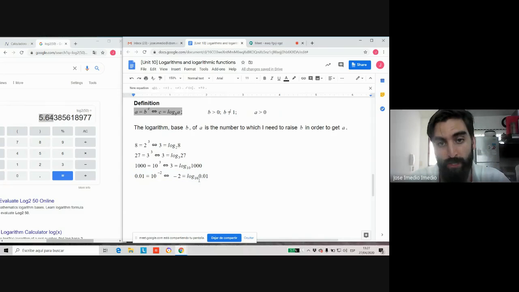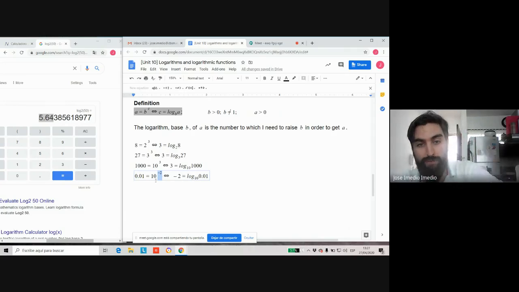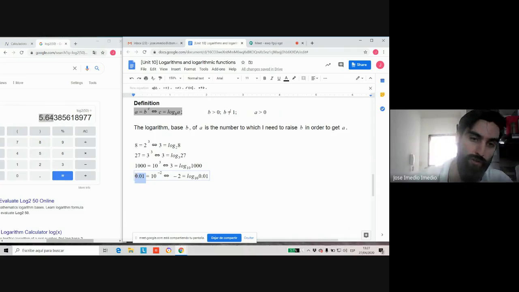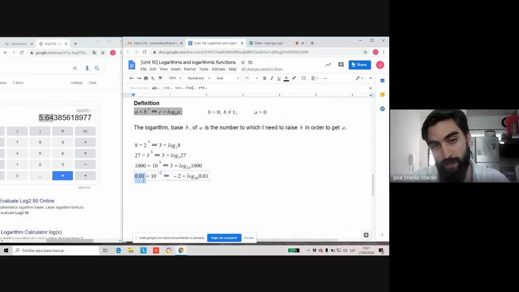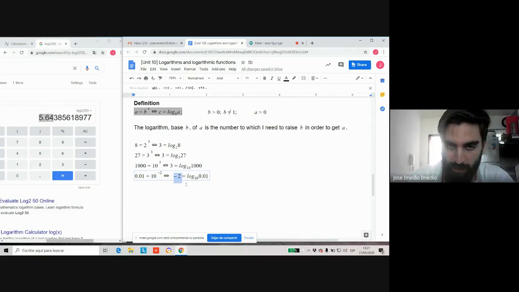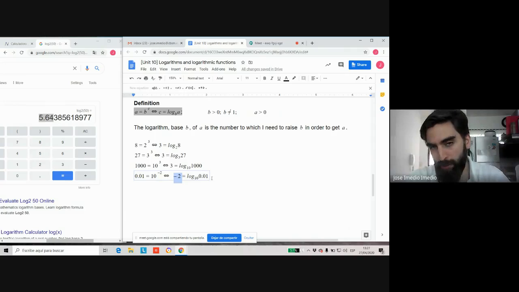So the logarithm can be negative, of course. It means that we are finding the exponent that gives a number smaller than 1. Negative exponents mean inverted, so you will get a number below 1. That's when you get a negative number here.